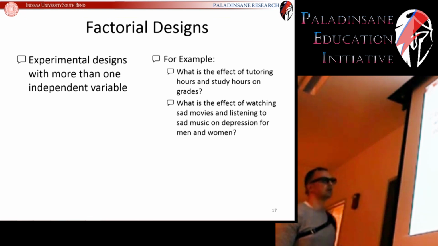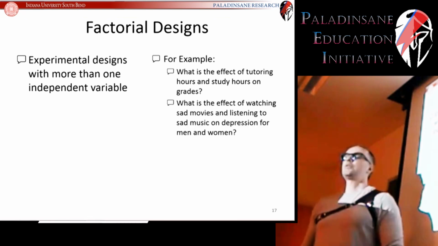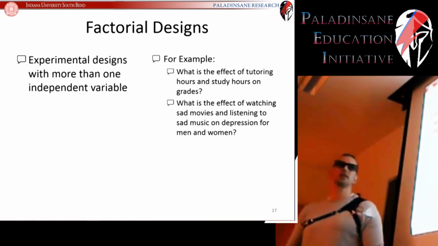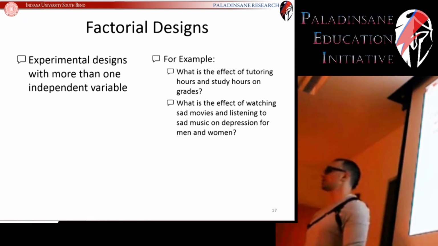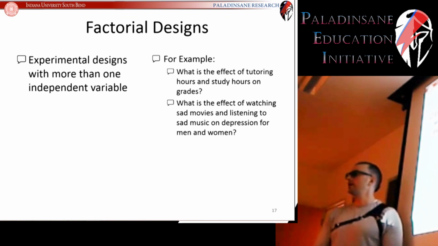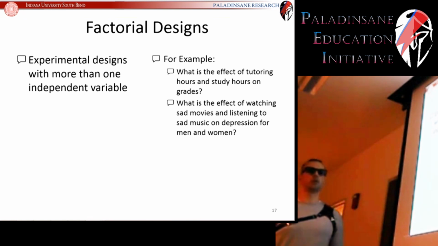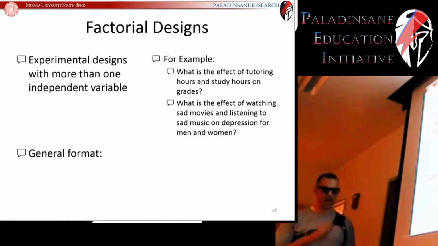You might ask yourself, what is the effect of watching sad movies and listening to sad music on depression for men and for women? These are typical types of questions that psychologists will ask.